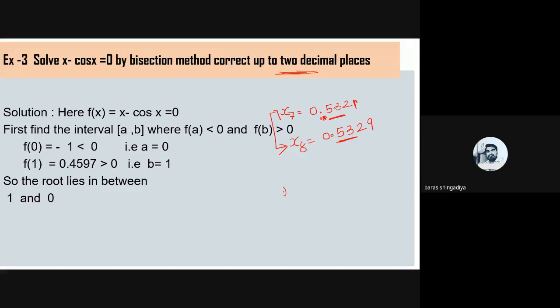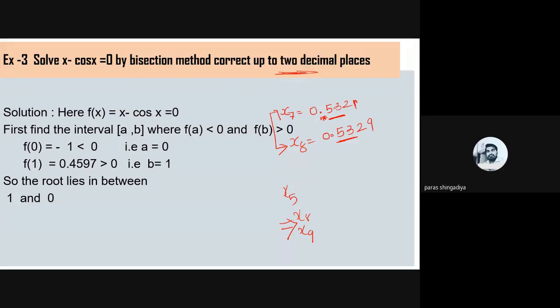We cannot match x5 and x9. You can consider x8, x9, x9, x10, x7, x8, and so on. The two nearest iterations should be the same up to two decimal places.